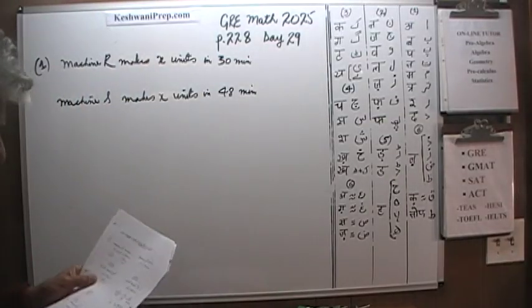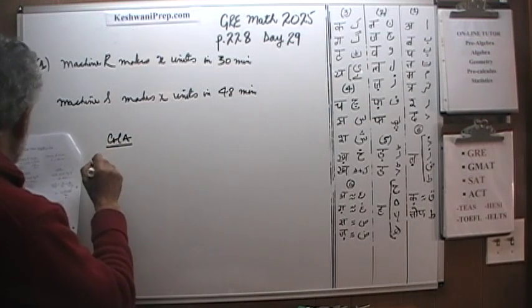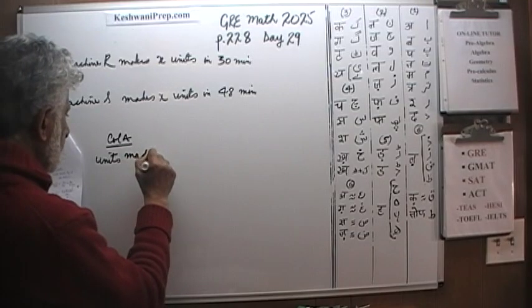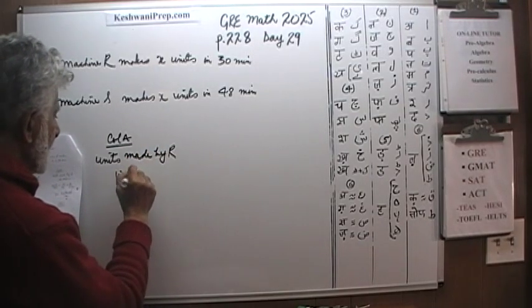And what we are being asked to compare is this. In column A, we have units made by R in 3 hours.